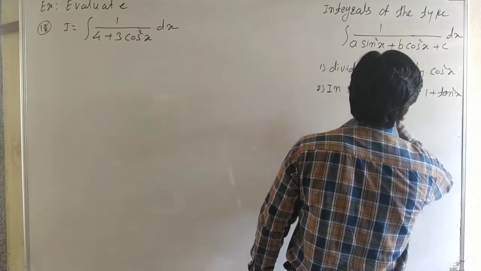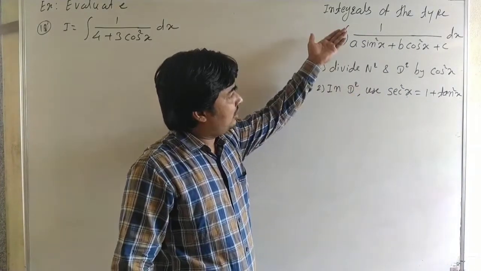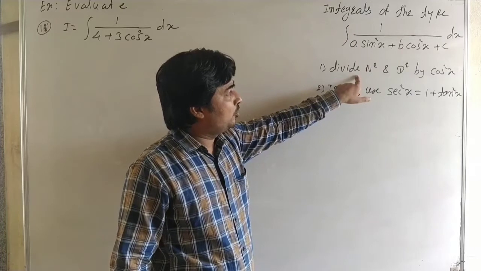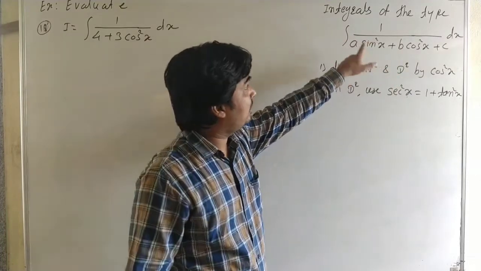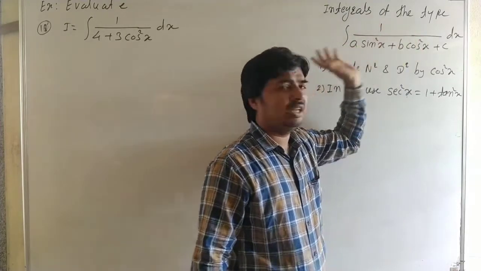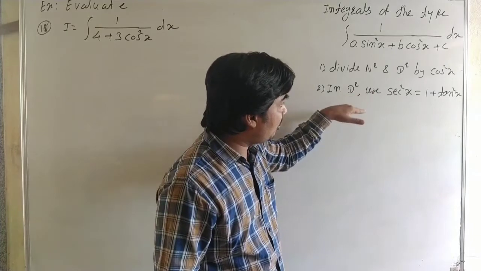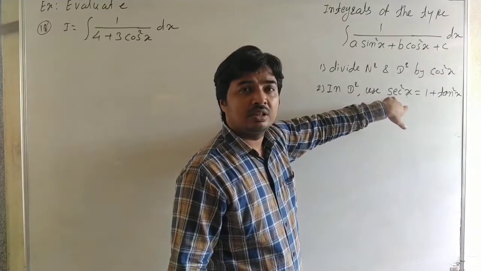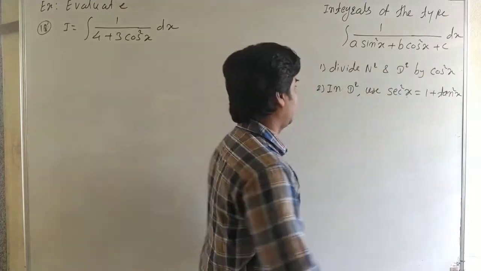Only in the denominator, not the numerator. The numerator is 6; when divided by cos square x, the numerator becomes sec square x, and the denominator also has the term sec square x. In the denominator use sec square x equal to 1 plus tan square x.